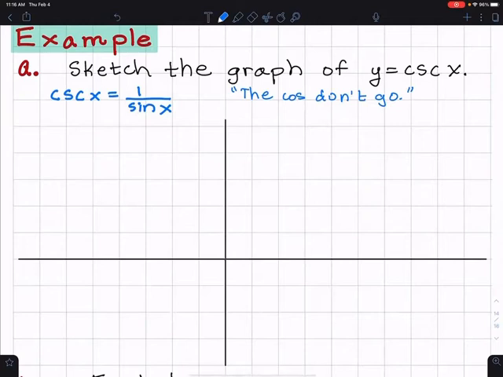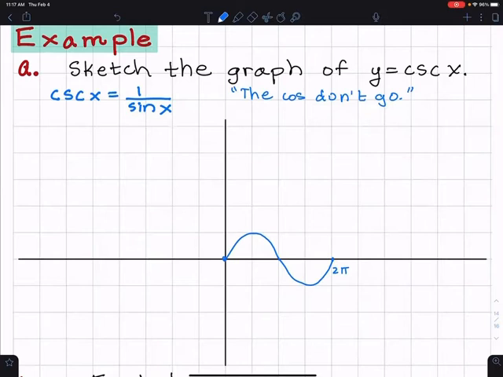I'm going to start off by sketching the graph of sine x, which is a wave. I could probably try harder to make this to scale. This one cycle has length 2 pi, so the period of sine x is 2 pi.